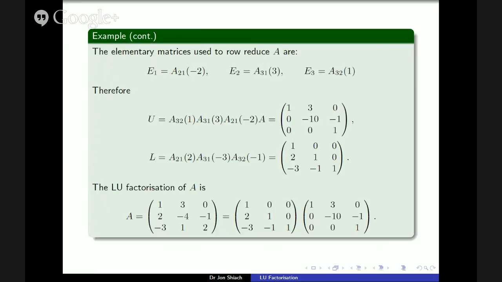Then I did 4 lots of row 1 added to row 3, and 1 lots of row 1 added to row 2. And that's multiplied by A. And that gives me our upper triangular. You don't really need to write it out again, but why not?